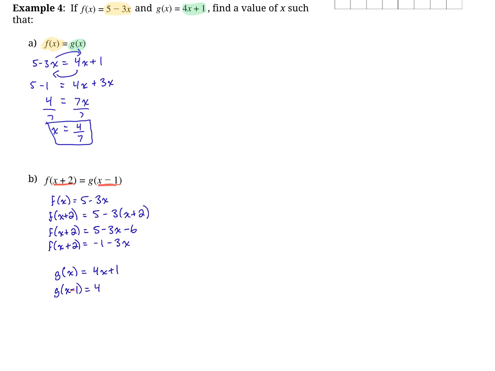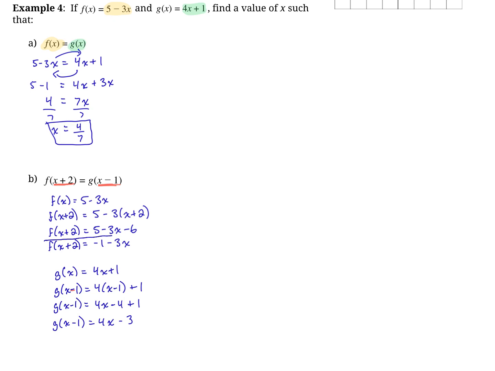So that becomes 4 times (x minus 1) plus 1. And again, we're going to distribute that 4 into those brackets. So it becomes 4x minus 4 plus 1. And when we combine like terms, g(x minus 1) is just equal to 4x minus 3.